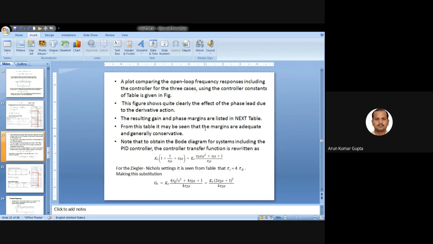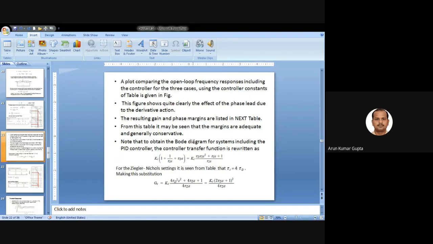Okay, so once you know the Kc, tau I, tau D, there is a plot comparing the open loop frequency response including controllers of the three cases using the controller constants. This figure shows quite clearly the effect of the phase lead due to the derivative action. The resulting gain and phase margins are listed. From the table it may be seen that the margins are adequate, in general conservative.